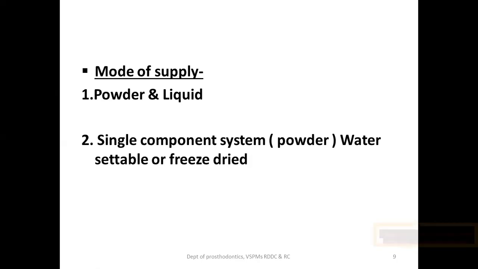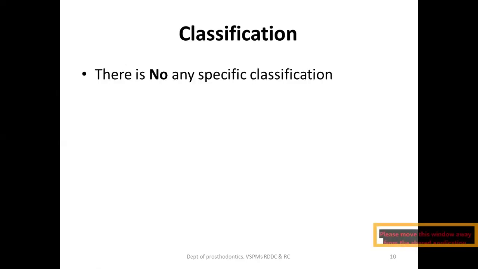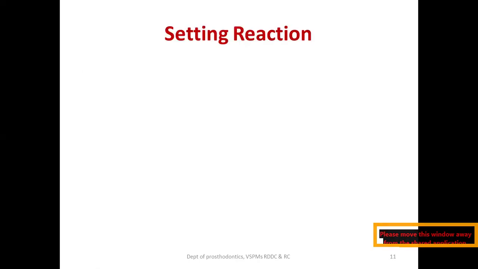So the single component system has not become that popular. There is no classification for zinc polycarboxylate cement, so you don't have to remember it. We have seen the classification of zinc oxide eugenol and zinc phosphate cement, but there is no classification for zinc polycarboxylate.